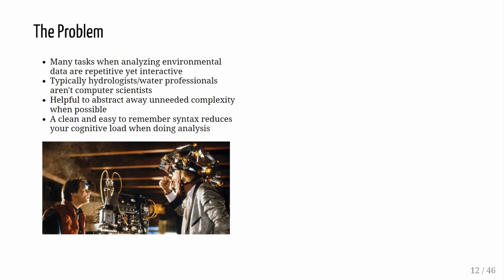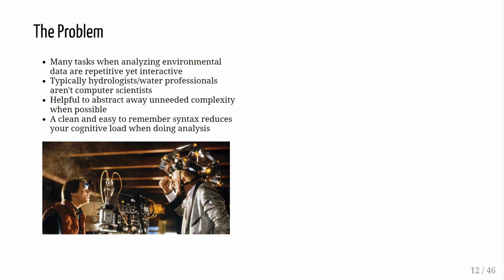So now we're going to pivot to some of the utility of the code. When you're doing data analysis, really in any space, often you're doing repetitive yet interactive tasks. So you try and automate as much as you can, but at the end of the day, you might be iterating, typing code and trying to hone in on a specific element of your data.